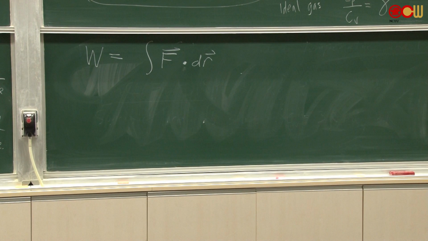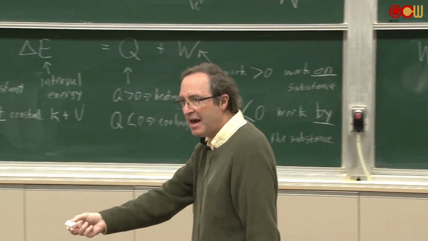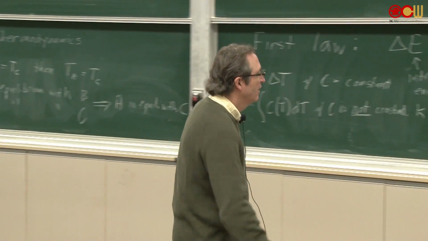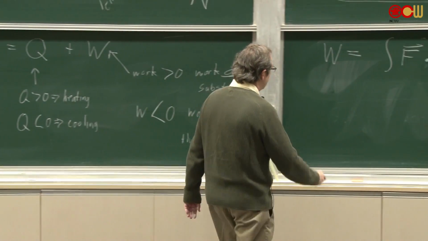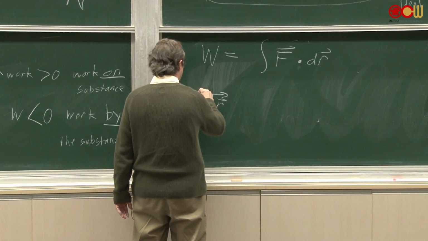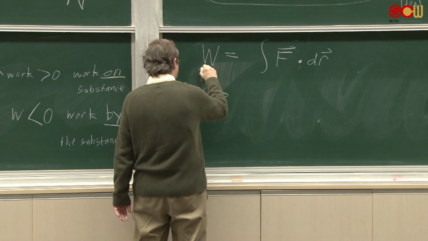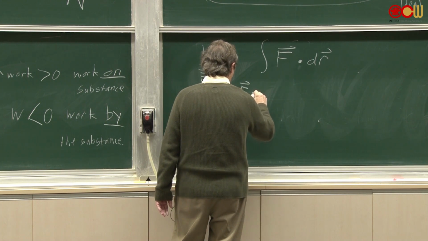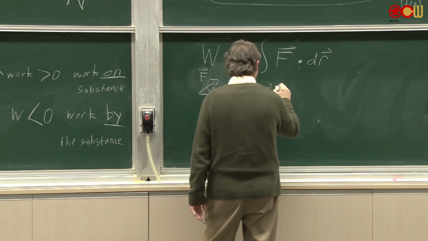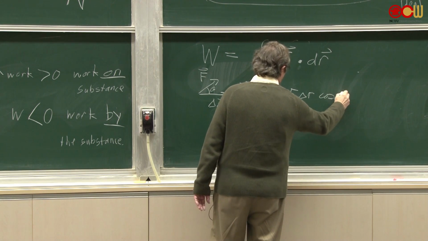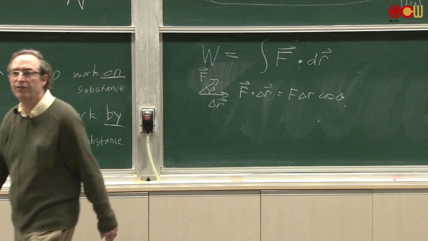So if I have an object and I do work on that object, it's the force on that object dotted into how far the object moved. If that was delta R, and that was F, at an angle theta, then F dot delta R would equal F delta R cosine theta. Hopefully you remember that from classical mechanics.